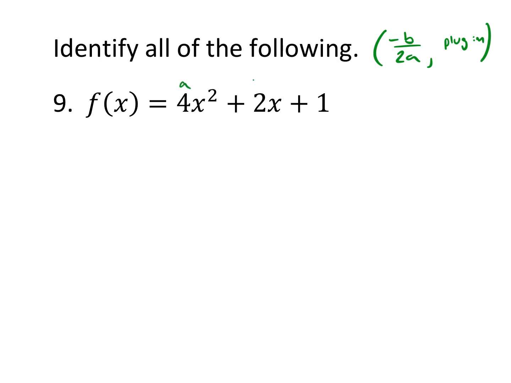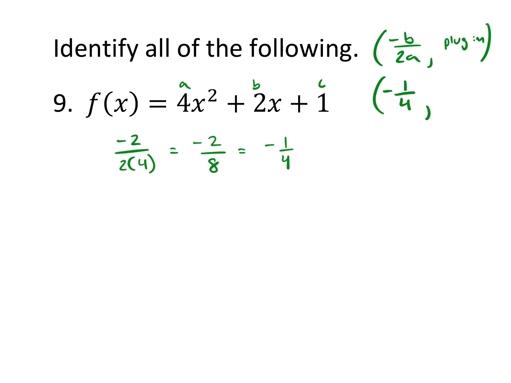So we have a, b, and c. So -2 over 2 times 4 would be -2 over 8, which simplifies to -1/4. So our x value in our vertex, or h, would be -1/4.